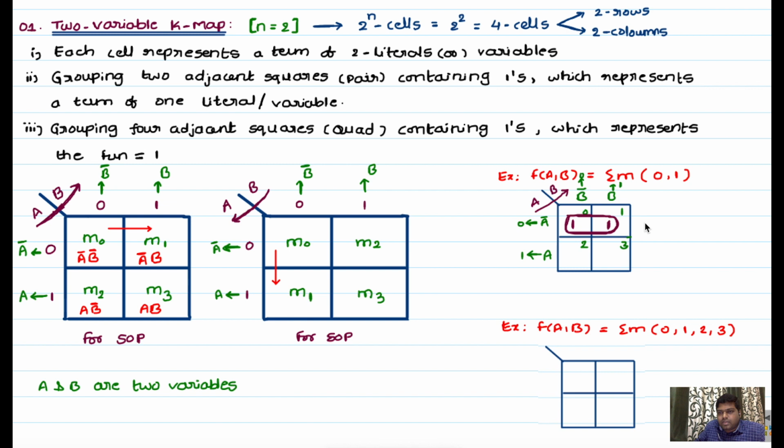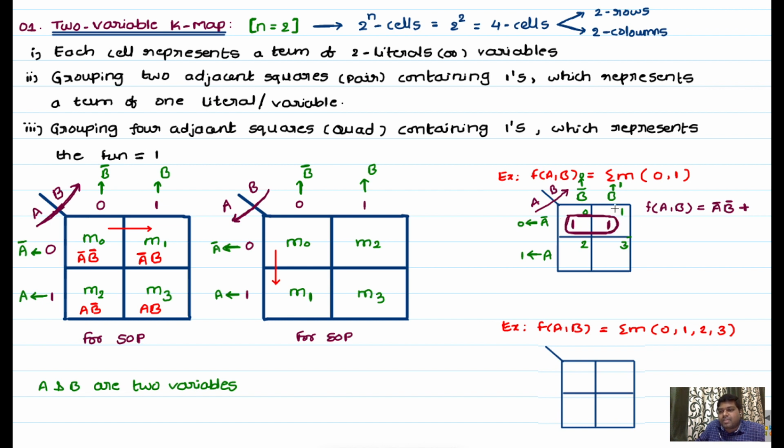Here I will write f of a comma b equals to, we can take this particular cell first. For that cell we have A bar B bar, plus, next this square box having 1.